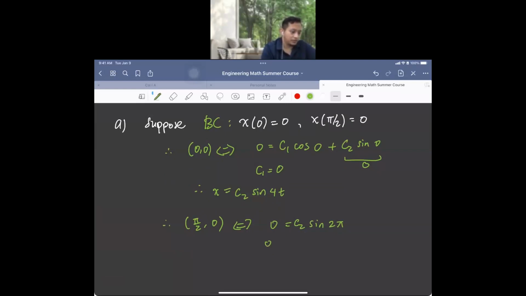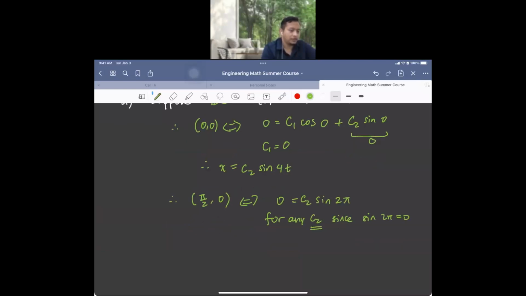So for any c2, since sine 2 pi is 0, we can have any choice for c2.